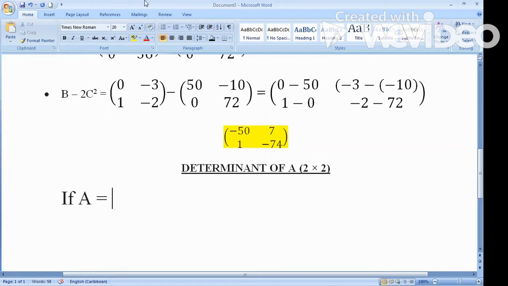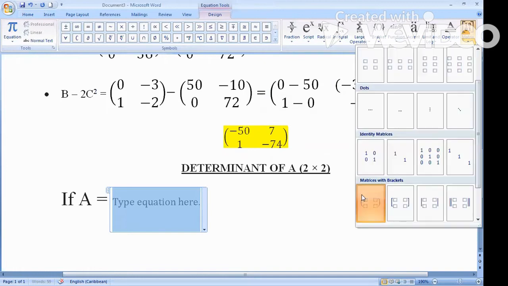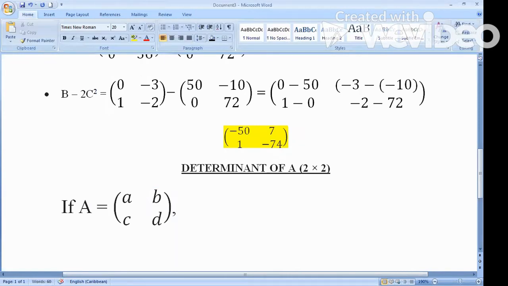If A is this matrix here, let's call the entries A, B, C, and D.